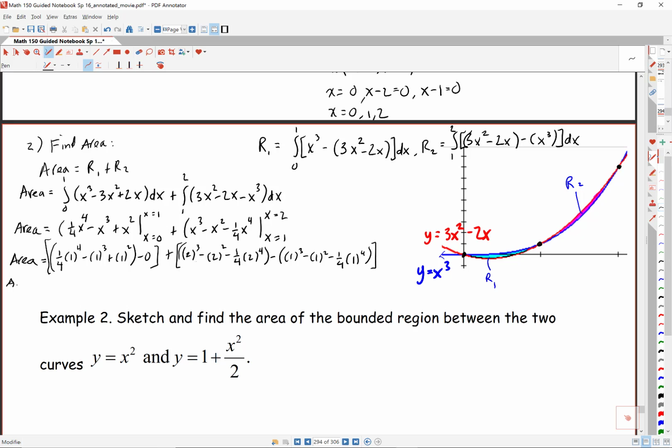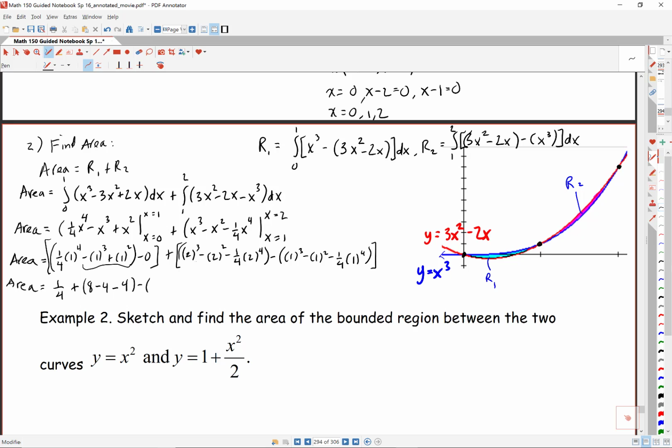And continuing, what these ones right here will zero out, so we'll end up with 1/4. And then on the next one we'll have plus 8 minus 4 minus 4, right? So I'll just write it out. So we'll have 8 minus 4 minus 4.